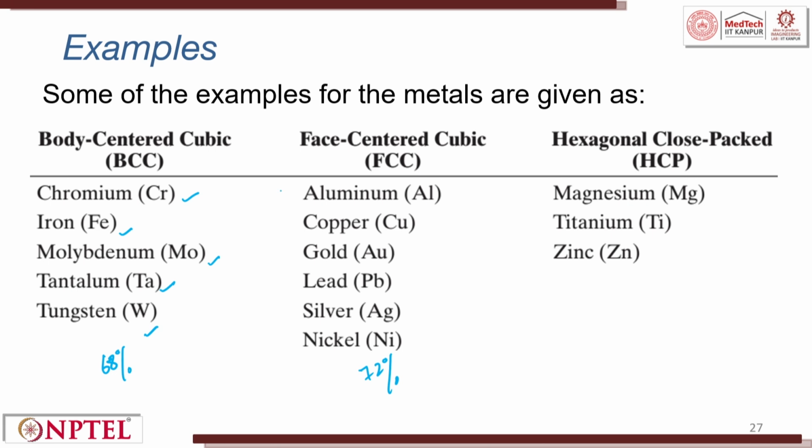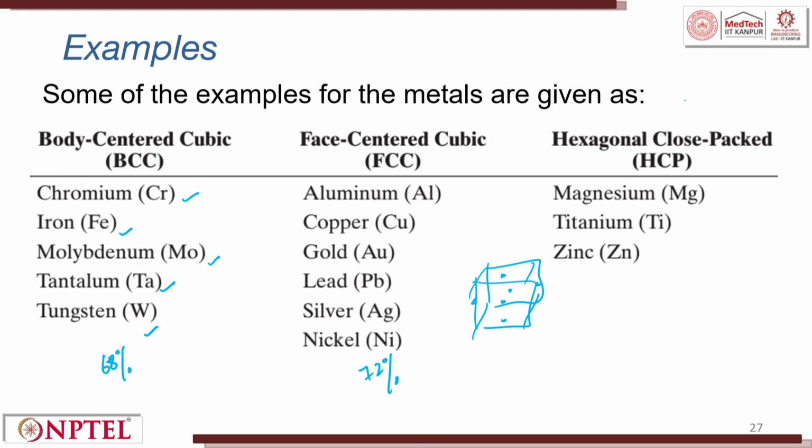All these are ductile materials, and when you have atoms on each of these faces, then what happens? There is an easy sliding possibility. Because of this, you will have more ductility in FCC materials.